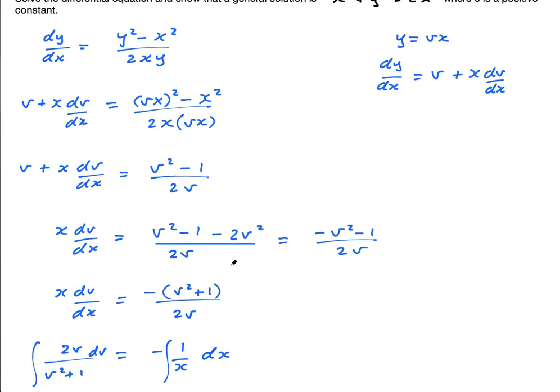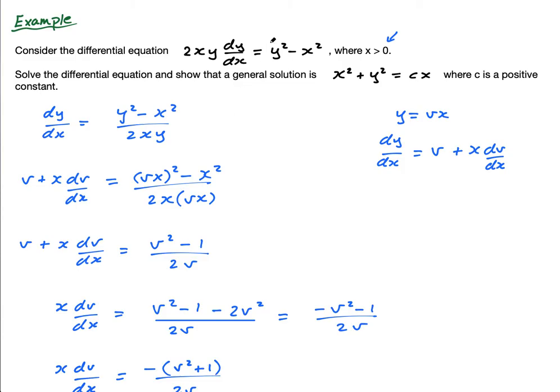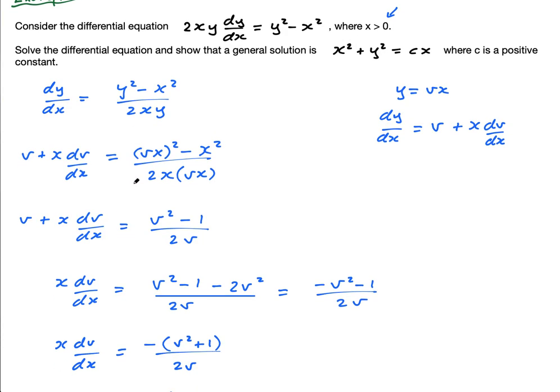And it's always the same. One, recognize that it's a homogeneous differential equation by looking at the degrees. Then use this substitution y equals vx, differentiate to change dy dx into this, and then break it down into some kind of differential equation whose variables you can separate.